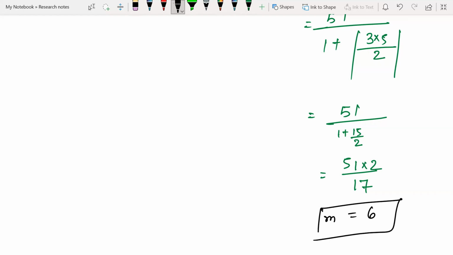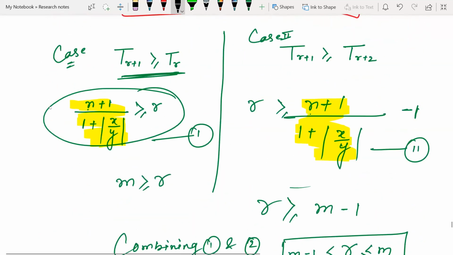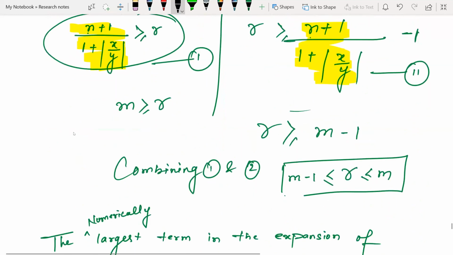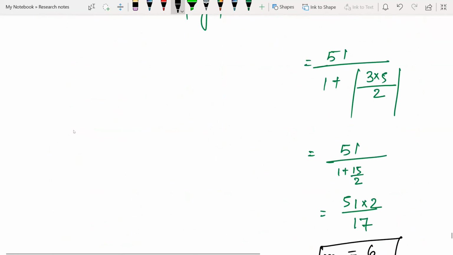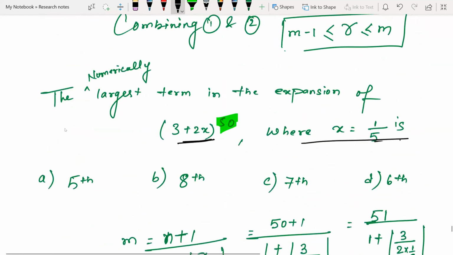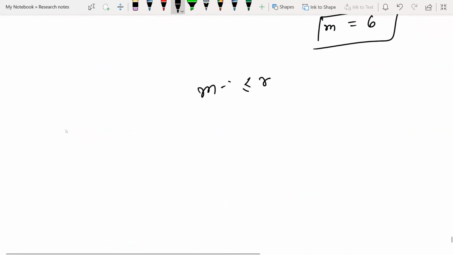Now we know what we have to find first. See, the largest term in the expansion of this one, where x is this, is the largest term. Okay. So we know r must be lying in between m minus 1 to m. m is 6.